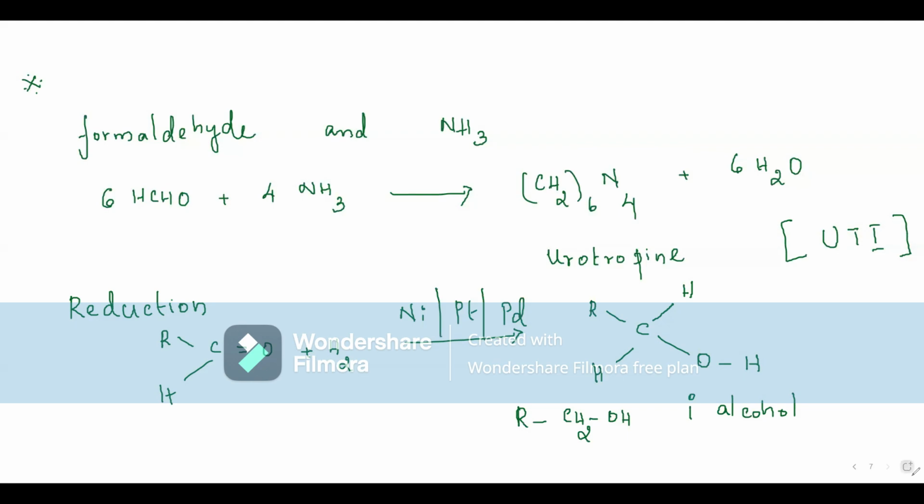So let us write specific examples now. One with ethanal or acetaldehyde, CH3CHO. Treat this with H2 in presence of, let's choose any one metal, nickel here. H2 will be added across the double bond, giving you CH3C, one H is already there.